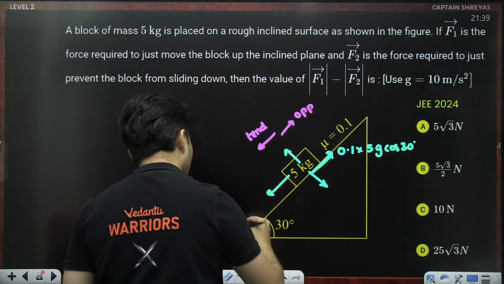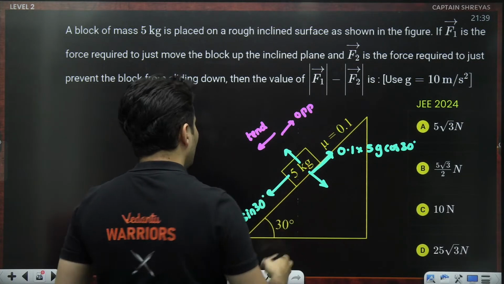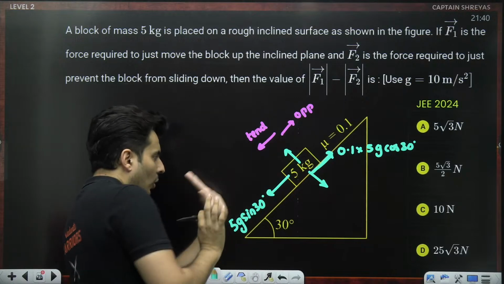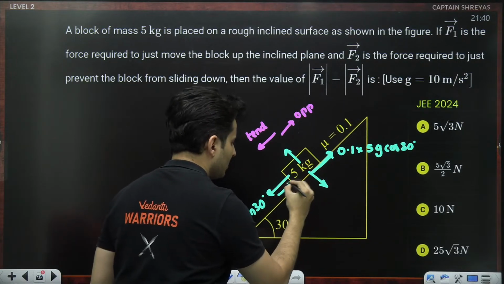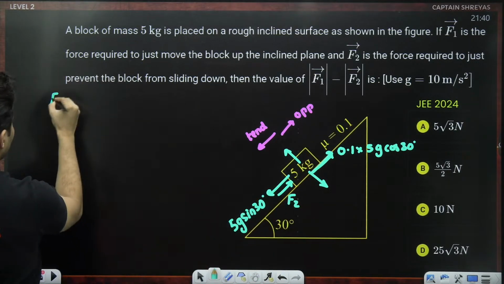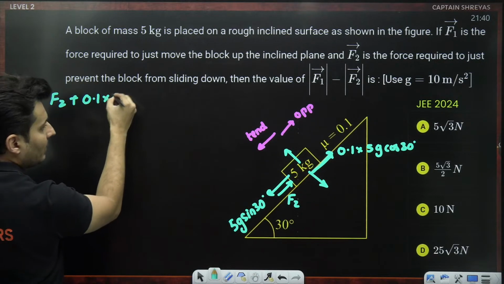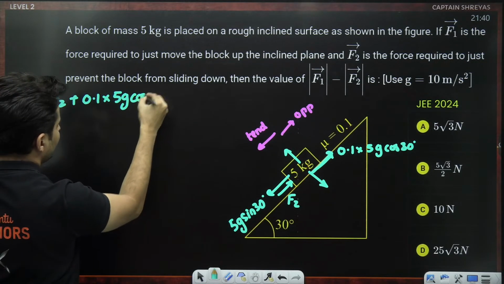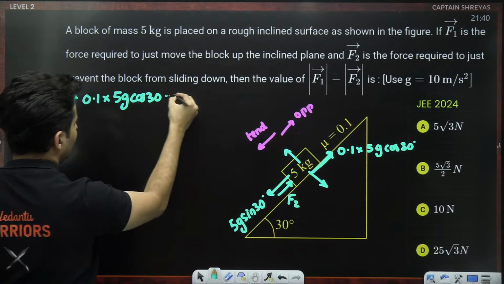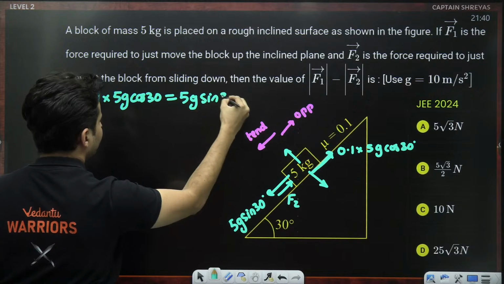Mg sine is anyways there, which is 5g sine 30. To prevent it from sliding down, you will hold it: okay, wait, I'm just applying this force F2. So the net upward force, F2 plus this frictional force, 0.1 multiplied by 5g cos 30, is balanced by the downward weight component 5g sine 30.